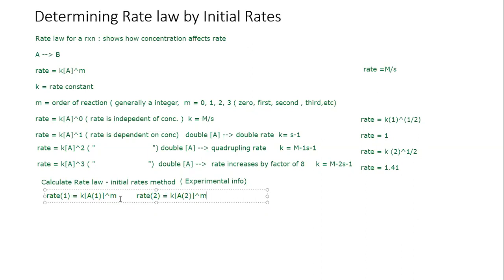So the first thing we're going to do is to determine the order of reaction. We're going to set these up as rate 1 equals K A1 to the M, and then underneath it we're going to do the same thing, but this is a divide sign here.